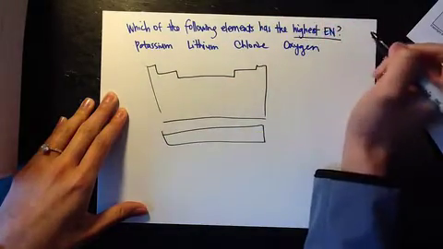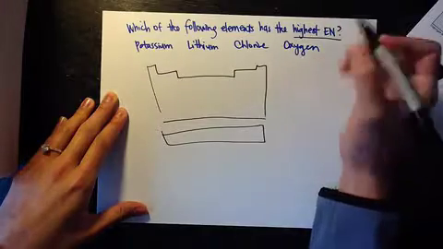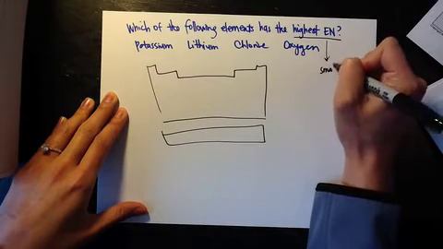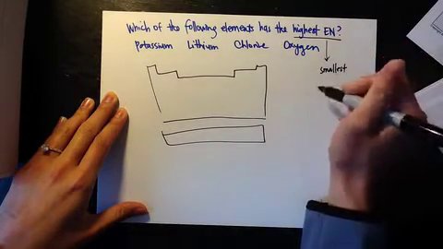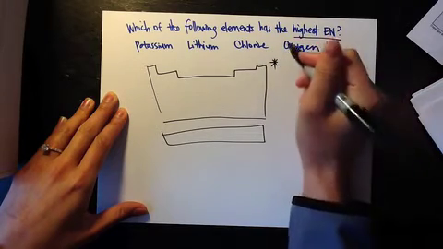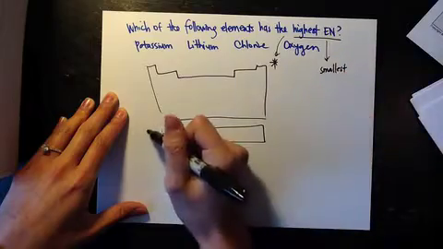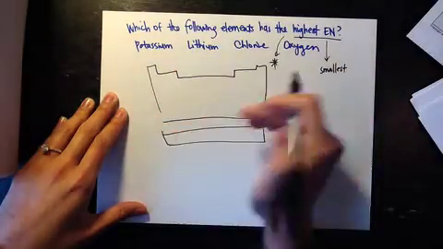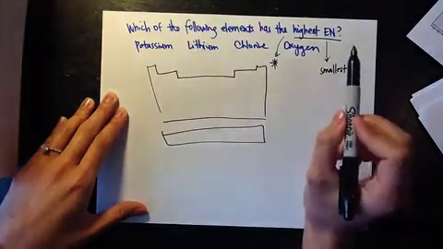I know highest electronegativity is when it's the smallest, so my smallest ones are up here. Down here they're large, so it's not going to help me.